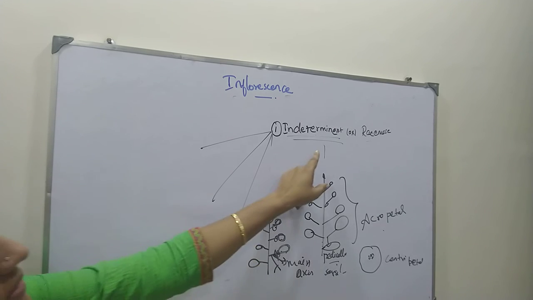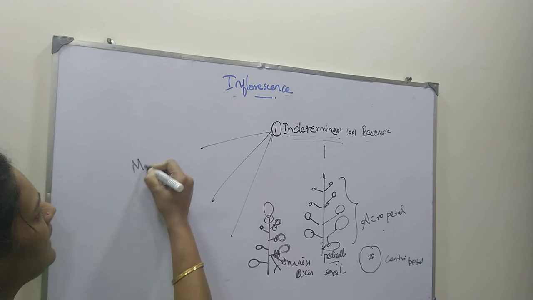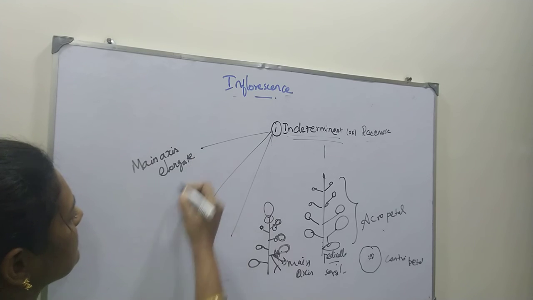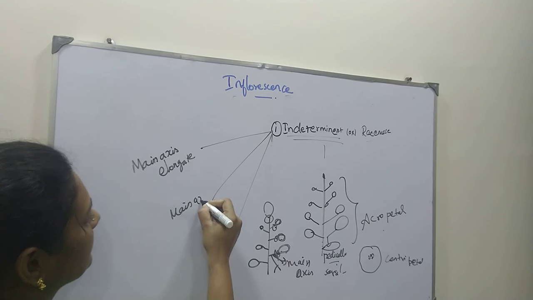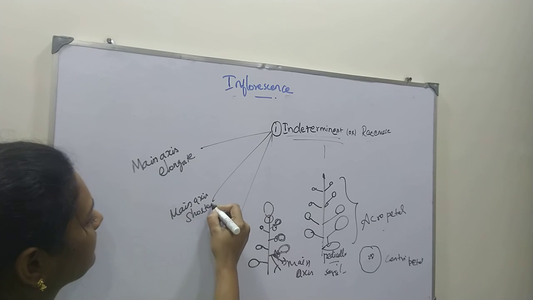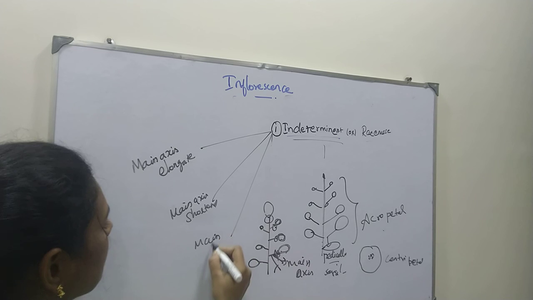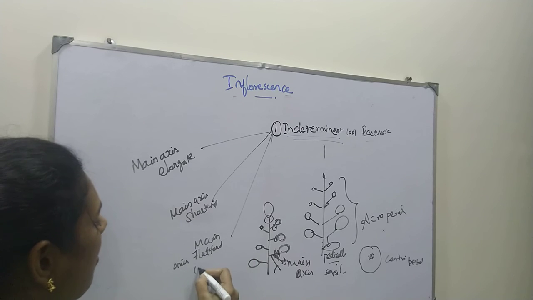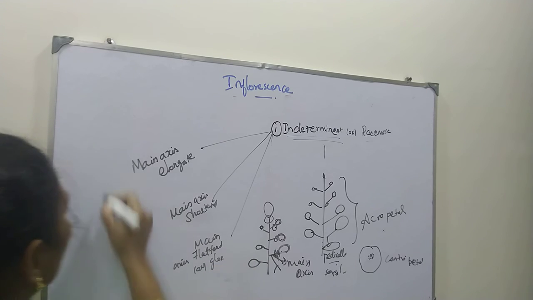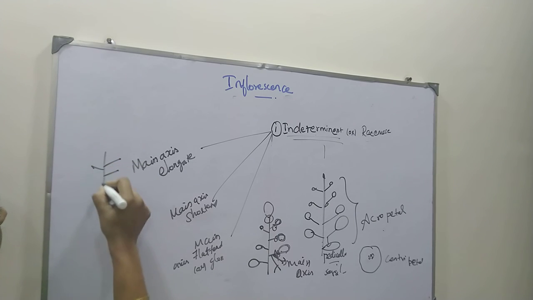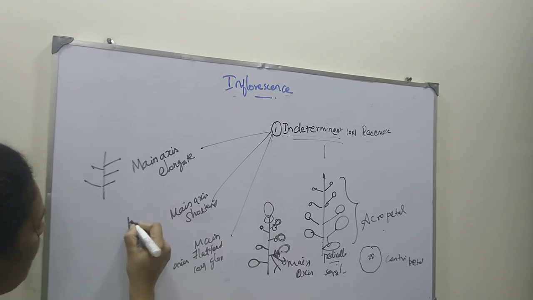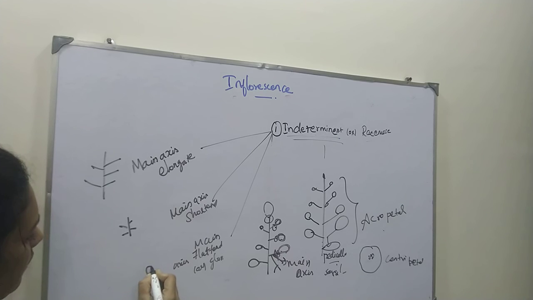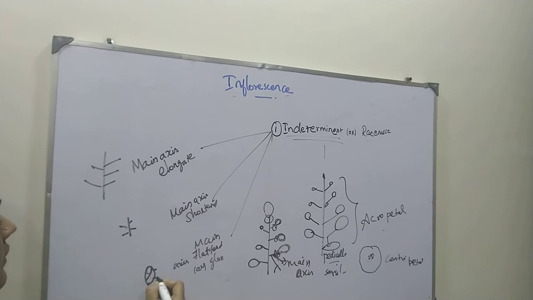Based on this main axis, the racemose is classified into types: main axis elongated, main axis shortened, and main axis flattened or globose. The globose one is somewhat round in shape.